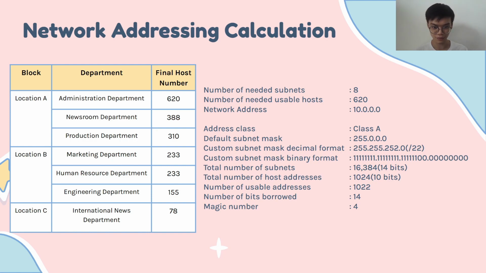We subtract 2 for the total number of usable hosts, because one is the network address and one is the broadcast address. Using the binary format, the last one bit gives our magic number, which is 4, because it is 2 to the power of 2.